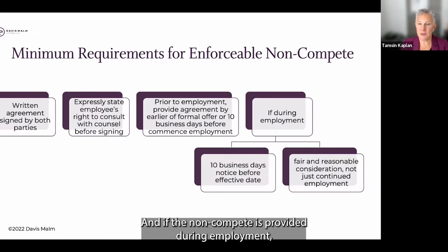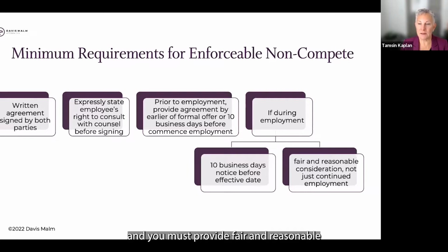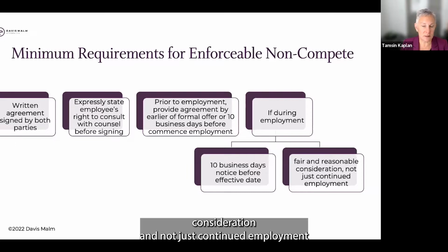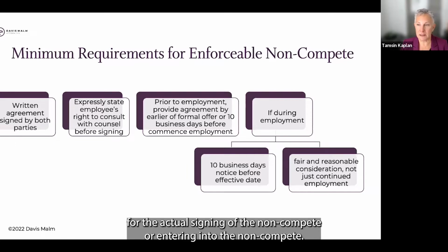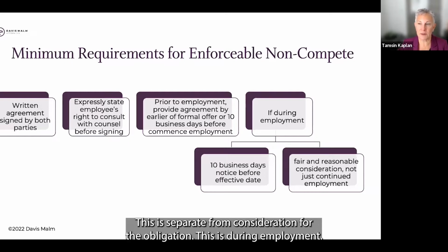And if the non-compete is provided during employment, it must be 10 business days before the non-compete takes effect, and you must provide fair and reasonable consideration, not just continued employment, for the actual signing of the non-compete or entering into the non-compete. This is separate from consideration for the obligation.